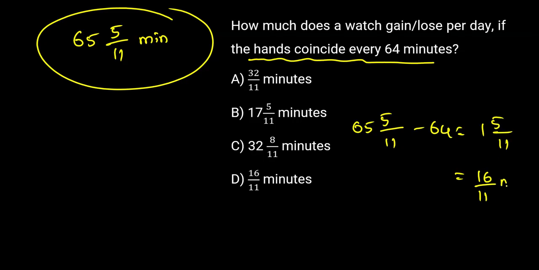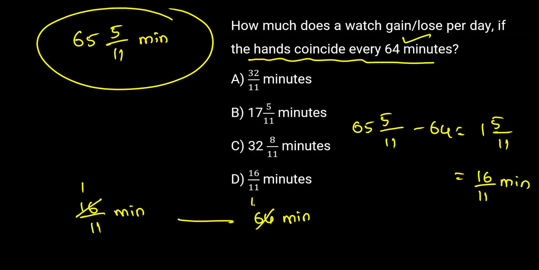So you are losing or gaining 16/11 minutes in every 64 minutes. Every 64 minutes you are losing 16/11, and you are losing 1/11 minute every 4 minutes, right? Or we can write it as 1/11th of an hour you are losing for every 4 hours.